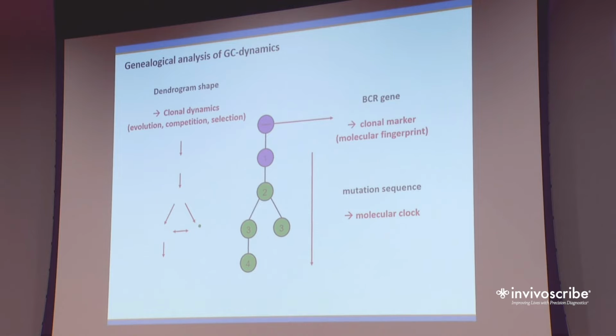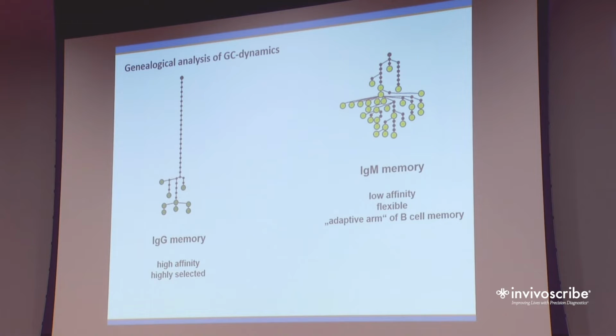or selection. Now, what we found was, for example, when we looked at the clones that only consisted of IgG memory B cells, that they have what we call giraffe neck-shaped structures. That means they have many shared mutations, and then highly selected clonal members at the end of these trees. So they represent the high affinity subset of the clone.